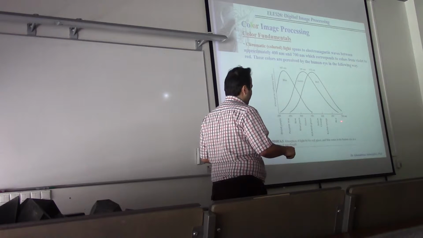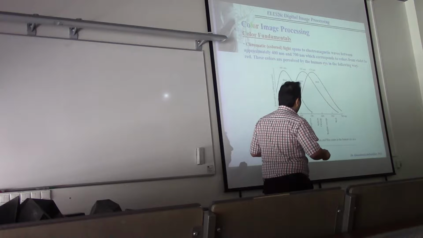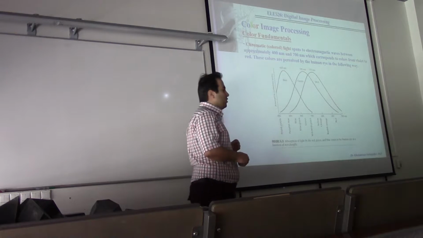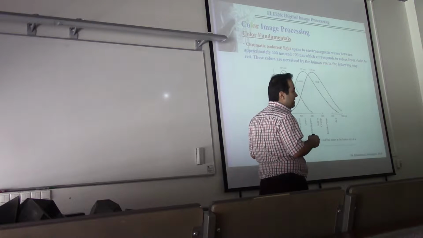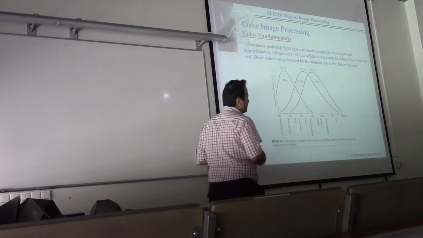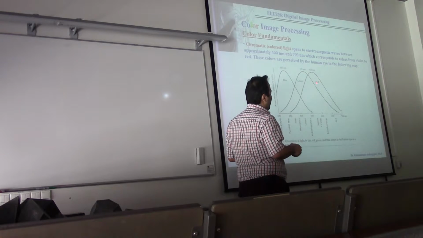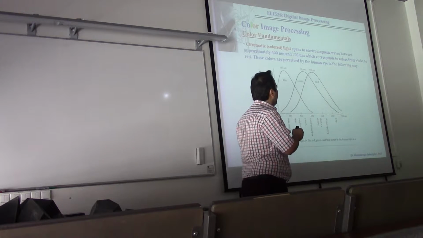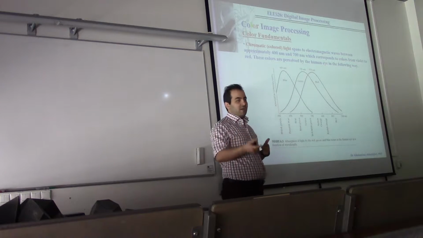In this area we have these colors, but as you know, the primary colors in computer vision or image processing are blue, green, and red. If we mix these colors, we can generate other colors.